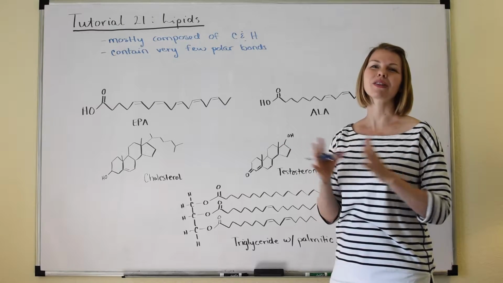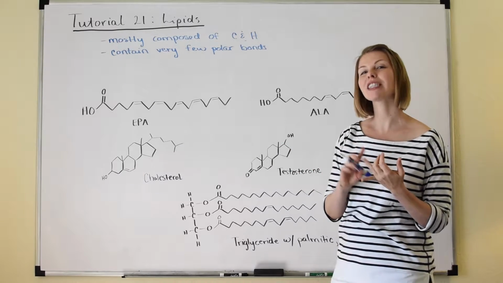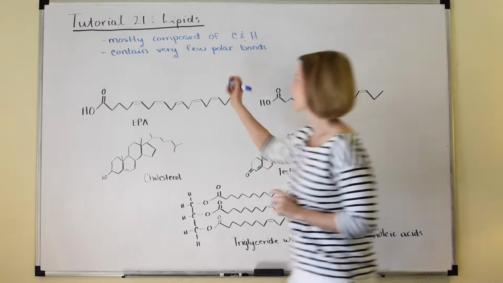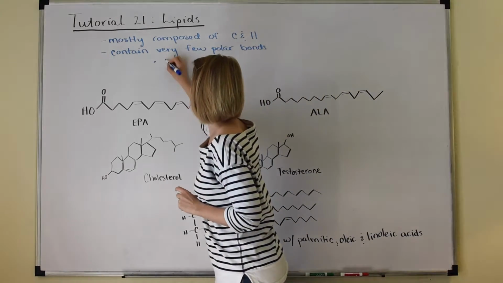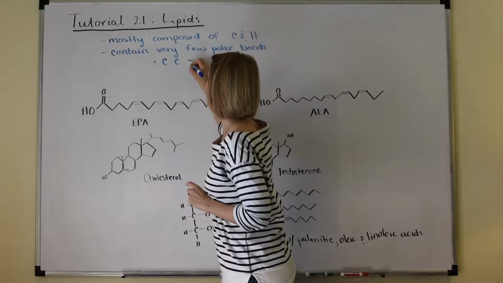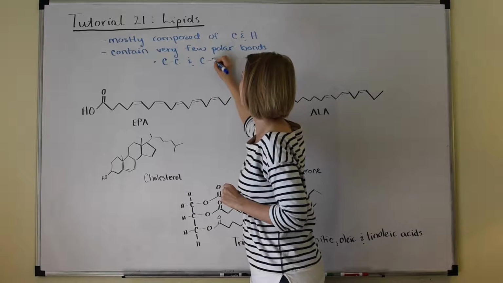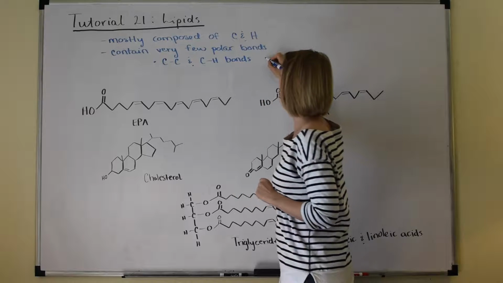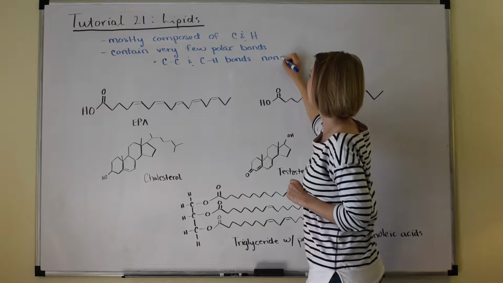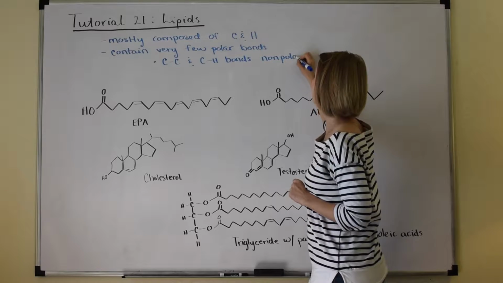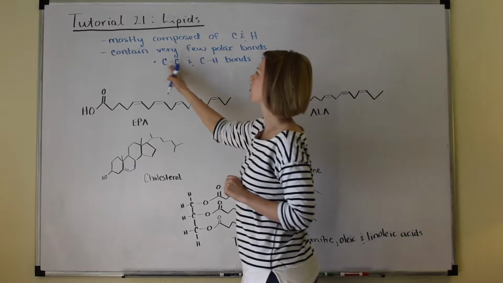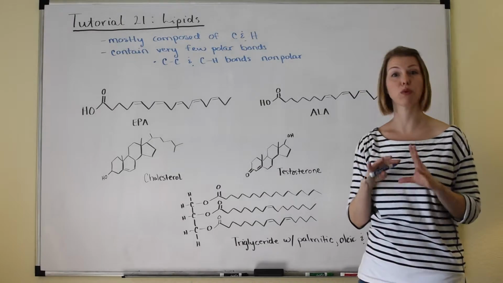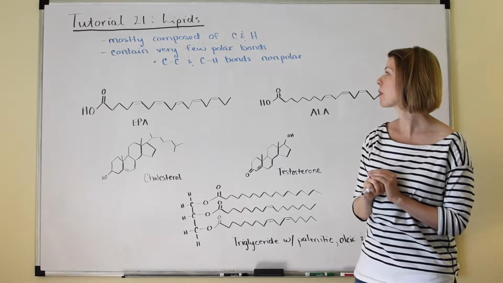Carbon-carbon bonds and carbon-hydrogen bonds are nonpolar. Okay, so we'll write that up here. Remember that carbon-carbon and carbon-hydrogen bonds are nonpolar. If we calculate the change in electronegativity for a carbon-carbon bond or a carbon-hydrogen bond, we will find that it is in the nonpolar range.